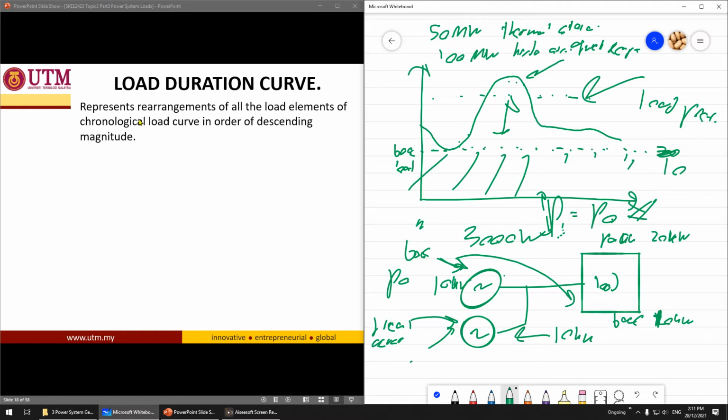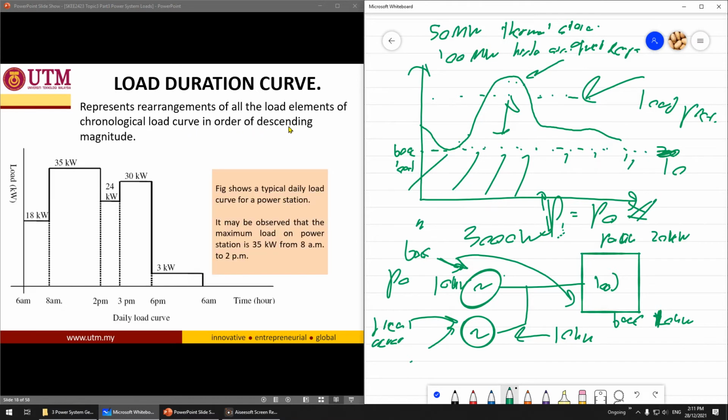The load duration curve represents the arrangement of all elements of the load curve in order of descending magnitude. So you can see here a type of load profile, something like this. In the early morning you have 18, in the morning you have 35, and then in the afternoon you have 24, and so on.